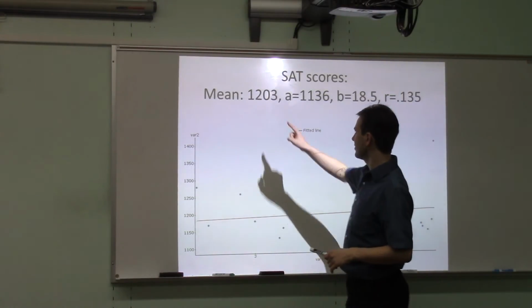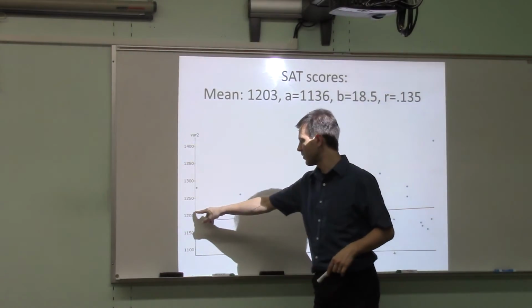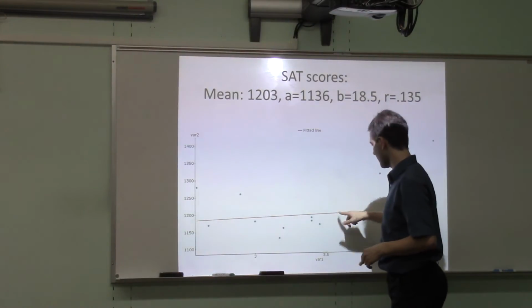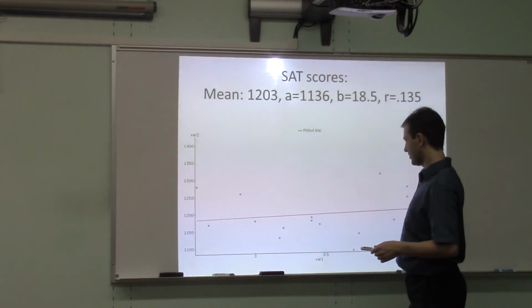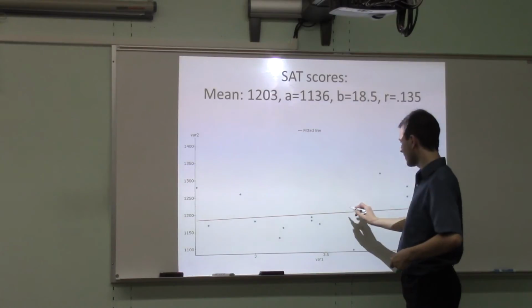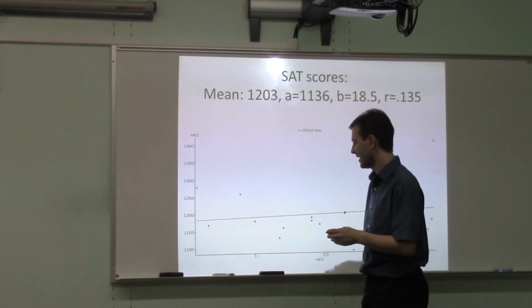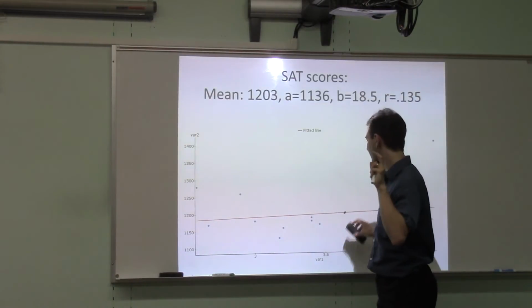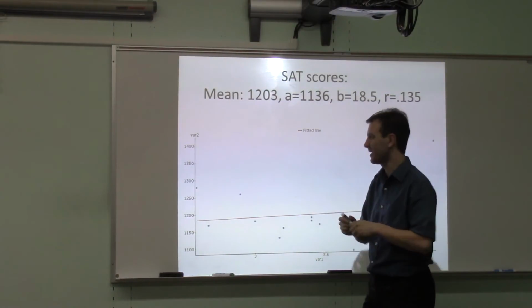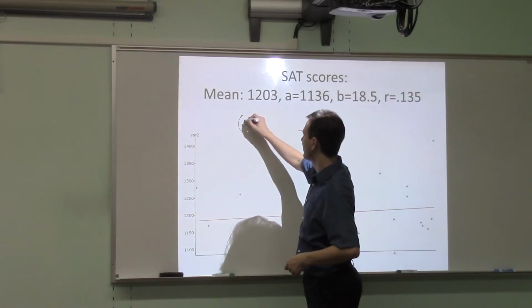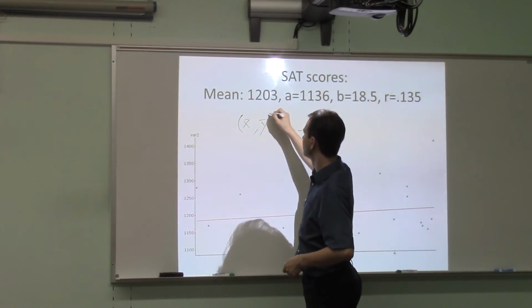So the average SAT score was 1203, and the average GPA was whatever. It will go through that point, even though there's nobody who's exactly average. The regression line will always go through that average, comma, average point. X bar, Y bar, always.